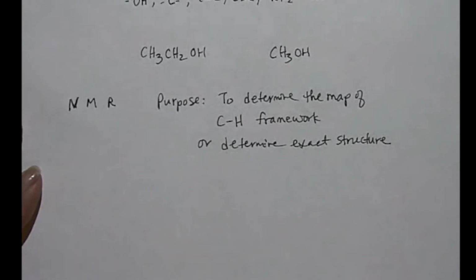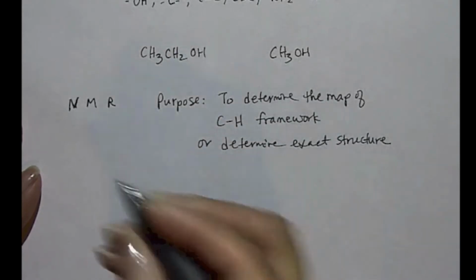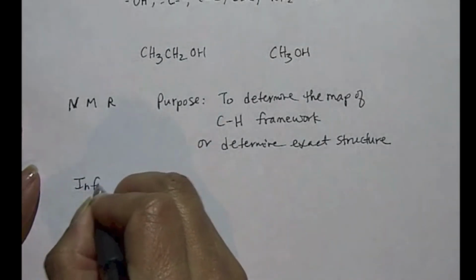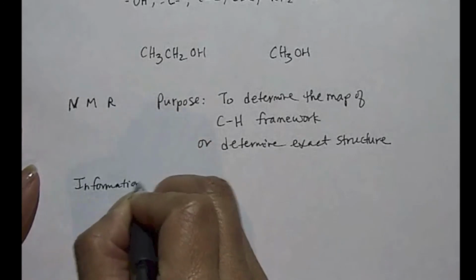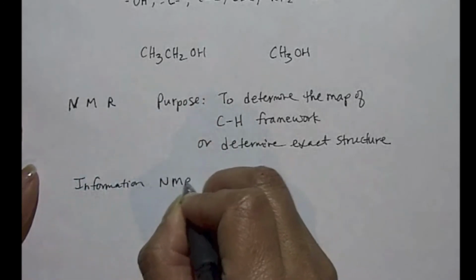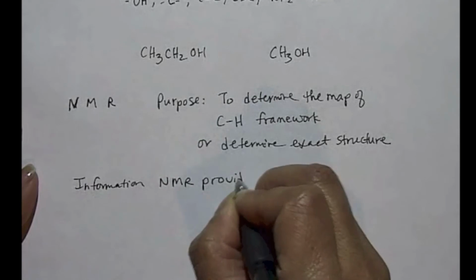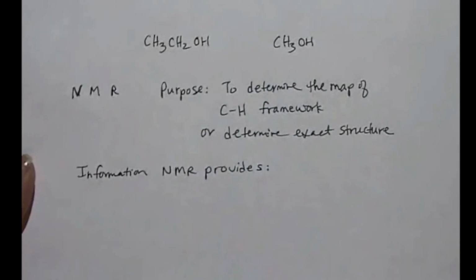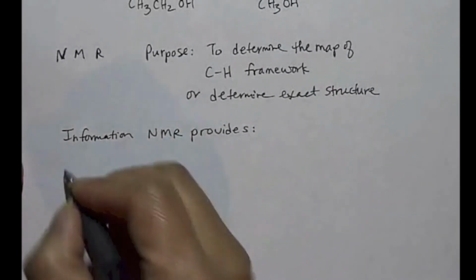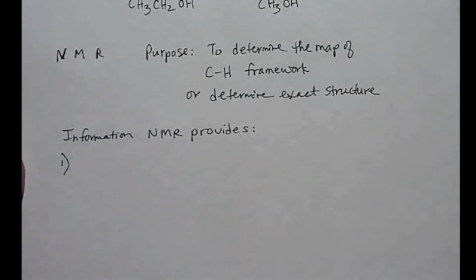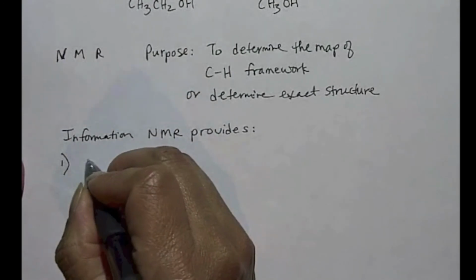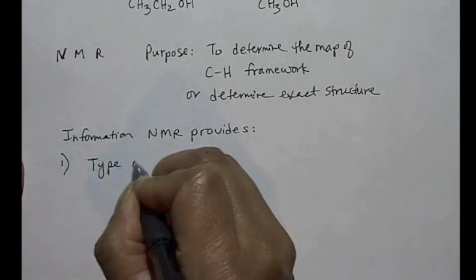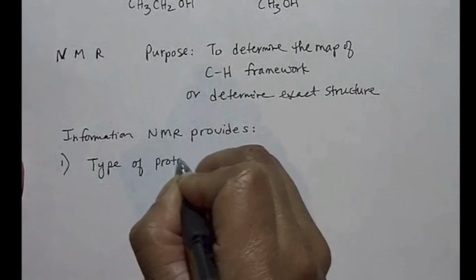But right now, what I want to briefly give you is an overview of the information that NMR gives. There are three pieces of information that NMR gives, and the first is the type of proton that's present.